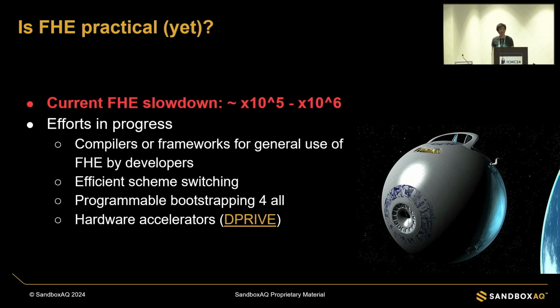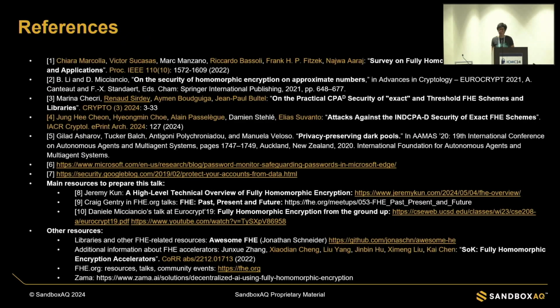And of course there is a lot of work on hardware acceleration, like for example the DPRIVE initiative, so that we can reduce this slowdown and be able to actually handle all the data in a private way, without a very high cost, so that it can be used widely. And yeah, I think that was it.